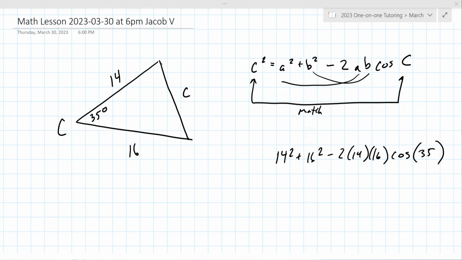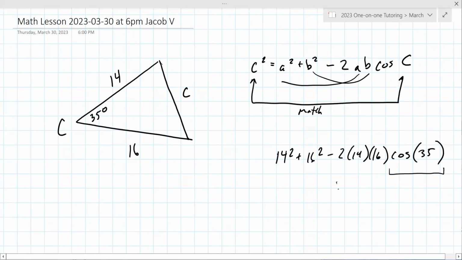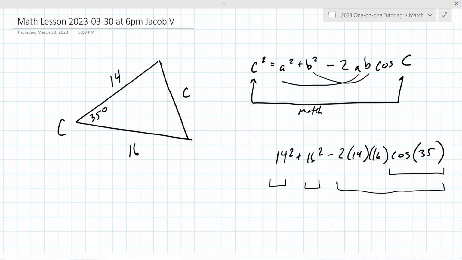So I think the hard part here is that you're going to have to hold on to some of these numbers. You'll calculate the cosine of 35, hold that number, multiply it by 16, by 14 and 2, and then hold that number. Then you're going to need to get these numbers. And you're not allowed to use a TI 83 or 84? No, she gives us graphing calculators, which are really useful, but we don't take them home.